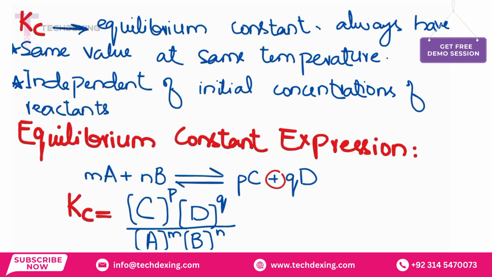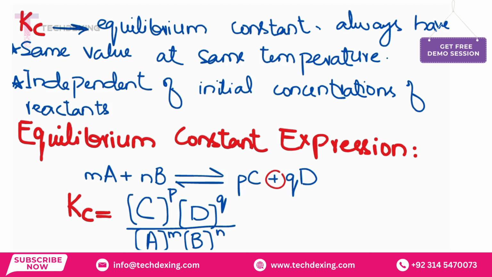Got it? Yes, I got it. So when you are going to write down the equilibrium constant expression, it is important that all the concentrations of the products should be written in the numerator, and there should be multiplication between them, not plus. They are not added together, they are multiplied together.